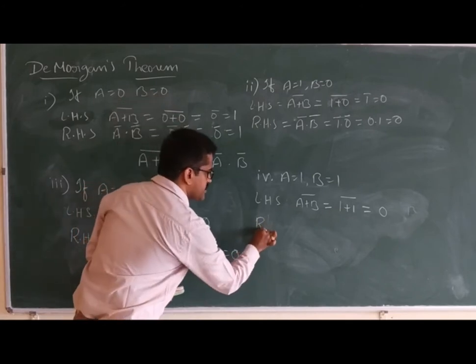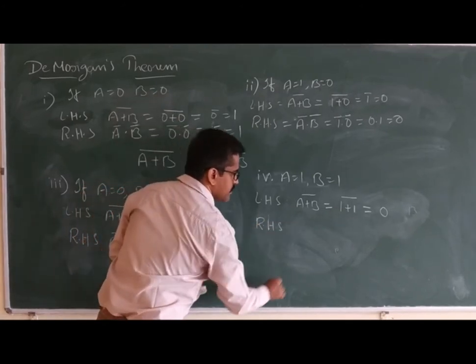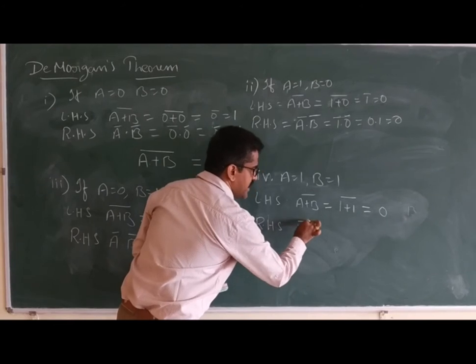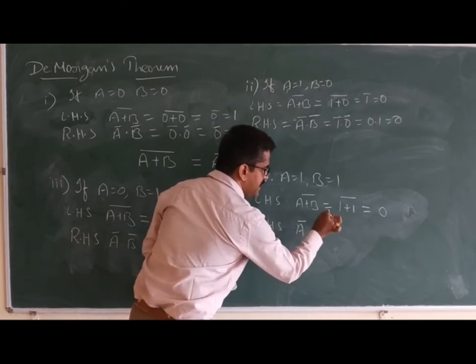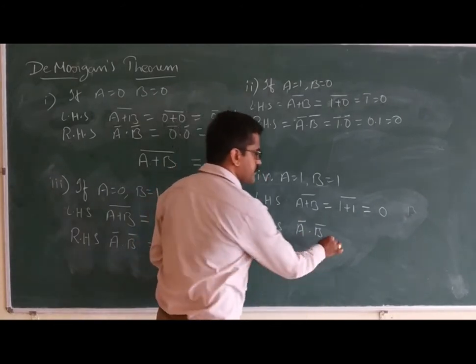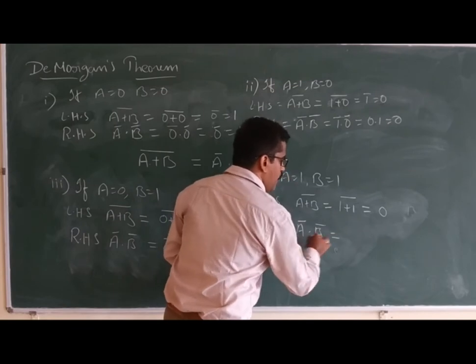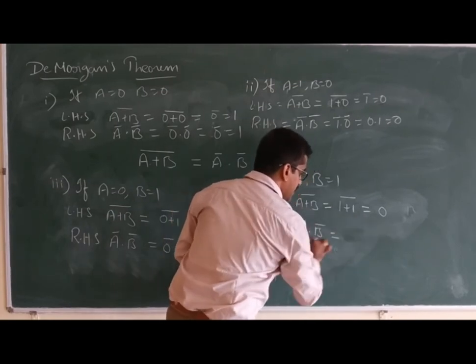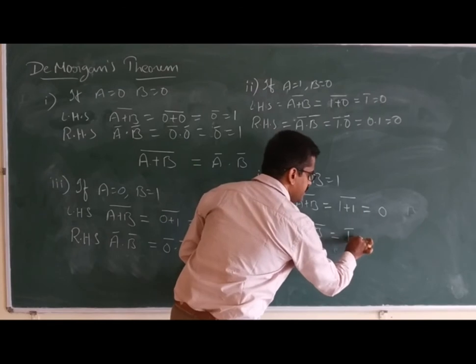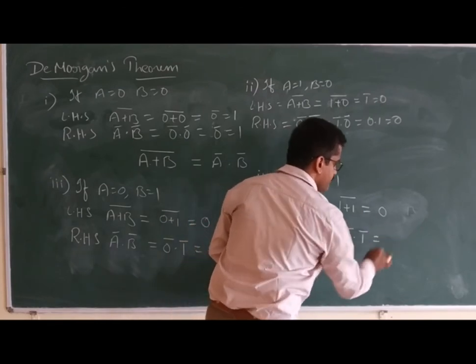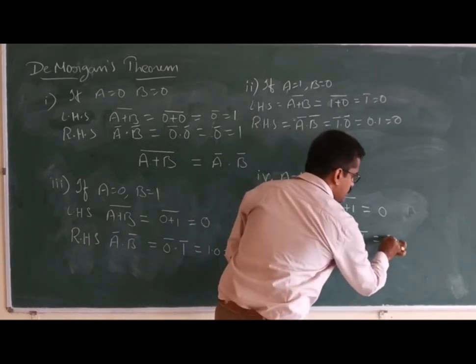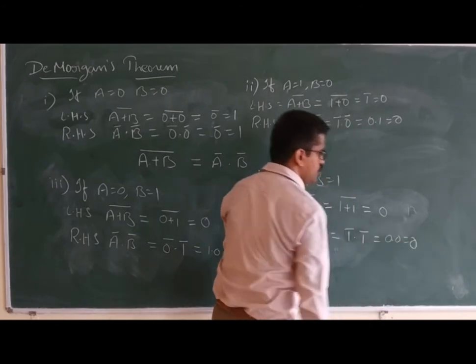And RHS. RHS output is A complement dot B complement. Here A complement is nothing but 1 complement dot 1 complement. It is nothing but 0 dot 0, which is equal to 0.